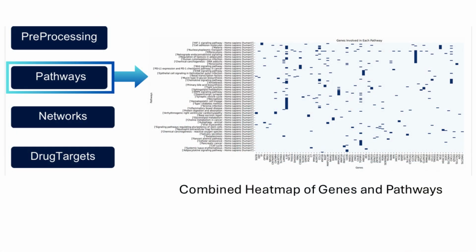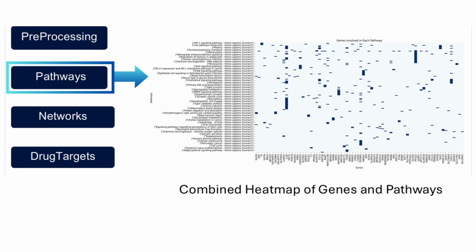Along with that, it also gives you a heat map, and that heat map gives you a much broader picture of how many genes are in one pathway and how many genes are involved in multiple pathways. So it gives a very comprehensive overview, and we can select our gene of interest using that information.